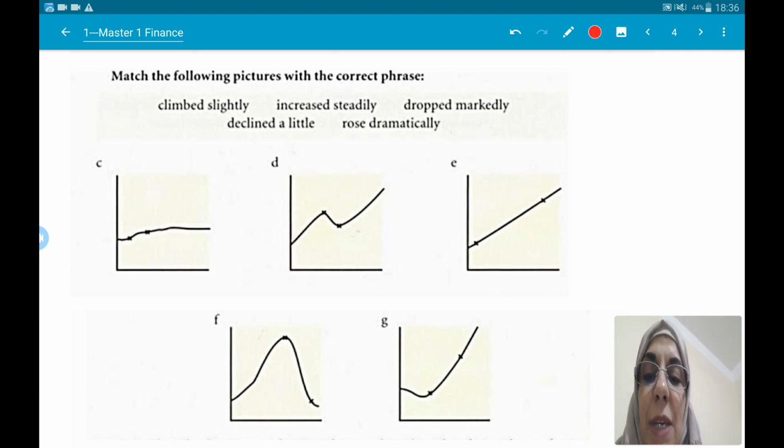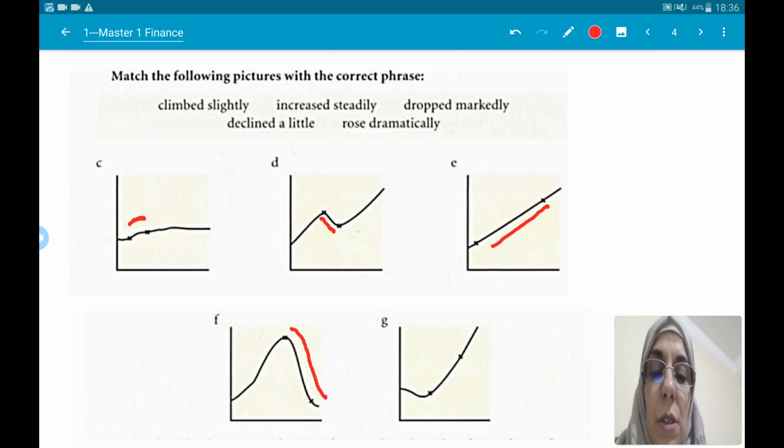So I do mean this line, starting from this point to this point. Here it's this line, and here it is this line, and here it's the movement from the top to the bottom. Here it's the movement from the bottom to the top. So how are these movements?